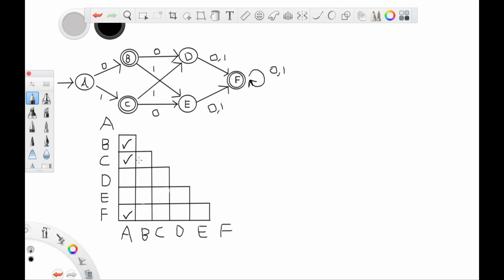Now next, let's take a look at CB. They're both finals, so we don't need to tick them because they're both the same. DB, we do tick this. EB, we do. FB, we don't because they're both final again. DC, we do tick this.